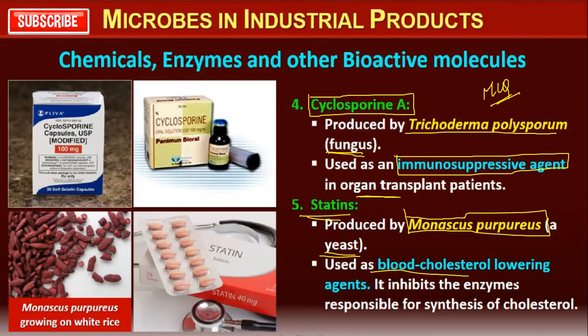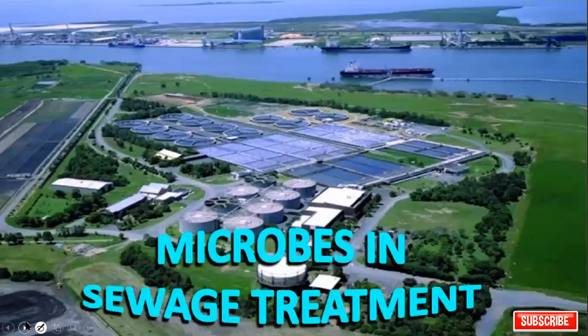Then you have the streptokinase which acts as a clot buster, cyclosporin as an immunosuppressive agent, statin which is used as a blood cholesterol lowering agent. And how do they act as a blood cholesterol lowering agent? Those who are preparing for your board might receive this question for 1 mark. They inhibit the enzymes that are responsible for the synthesis of cholesterol.